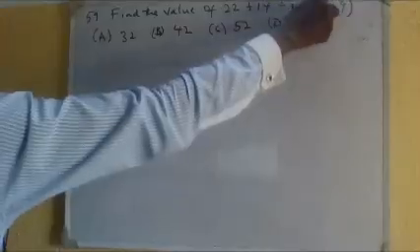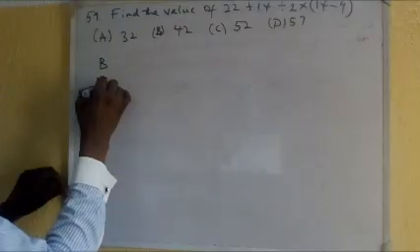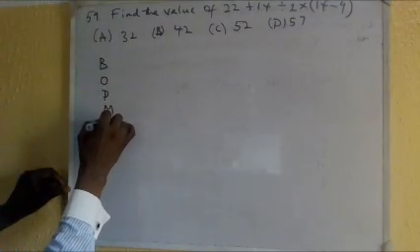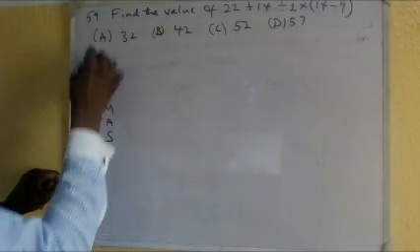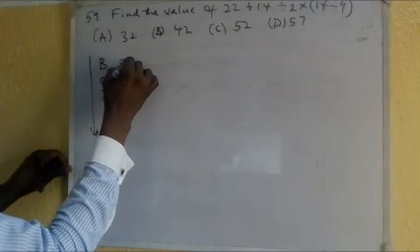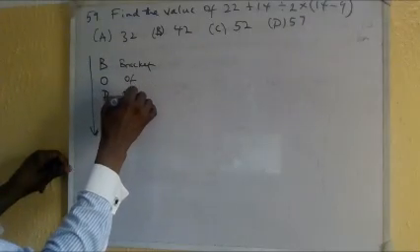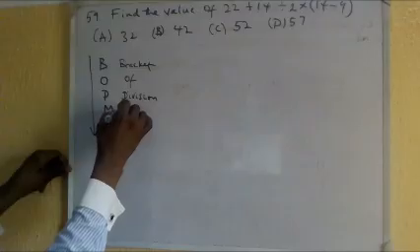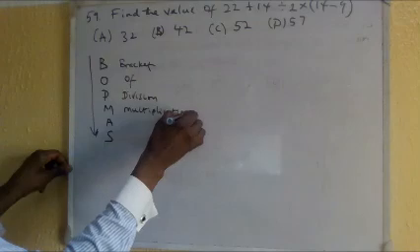BODMAS is an acronym that helps us find the order of applying these operations, where B stands for bracket, O stands for of, D stands for division, M stands for multiplication, A stands for addition, and S stands for subtraction.